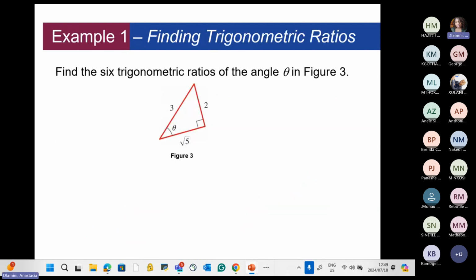Now they say find the 6 trigonometric ratios for the angle theta. Can you do that fast? Yes, ma'am. So let's start. Because they say 6, the first one will be sine. Sine theta will be equal to what?